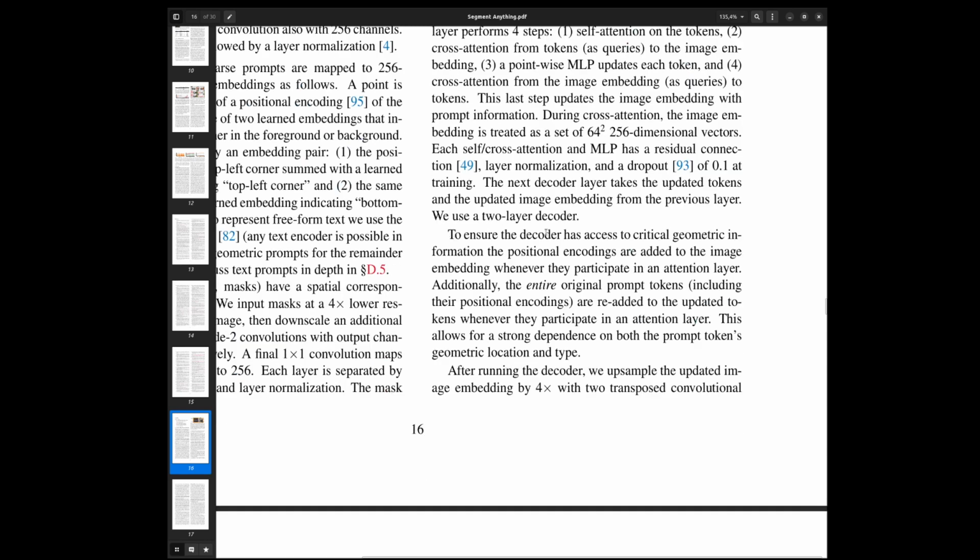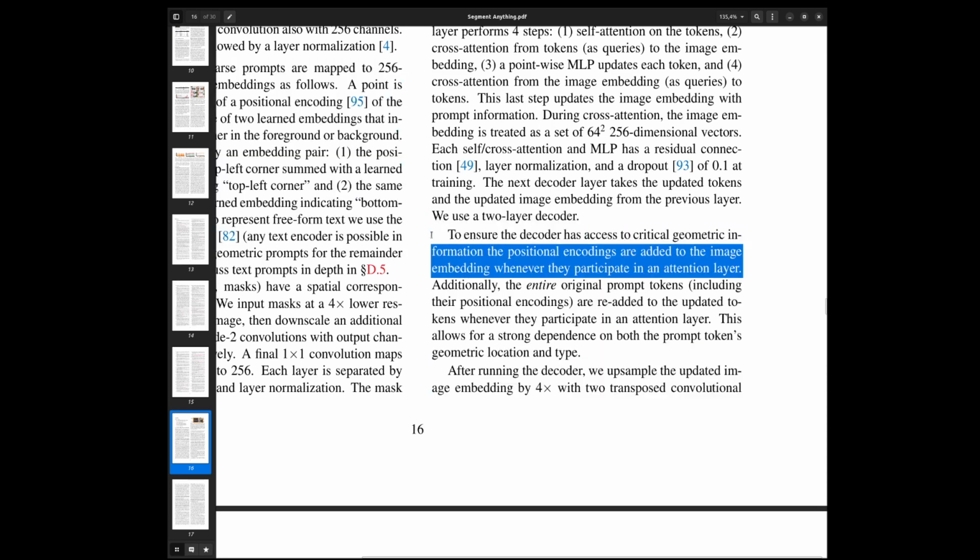To ensure the decoder has access to critical geometric information, the positional encodings are added to the image embedding whenever they participate in an attention layer. This is the same thing as in MaskFormer and DETR, and I guess also in Grounding DINO. Additionally, the entire original prompt tokens, including their positional encoding, are re-added to the updated tokens whenever they participate in an attention layer.